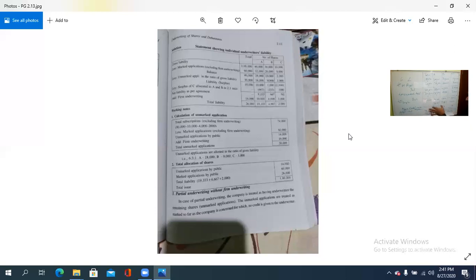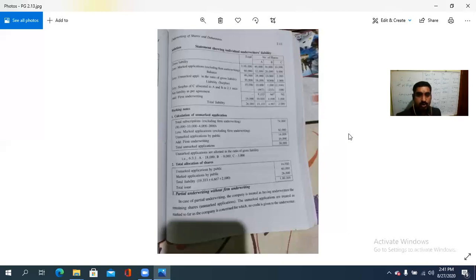That is the total firm underwriting. Then 16 plus 10, 26, the net liability. Like here, 9,333 plus 10, 19,333, 4,000 plus 667, 4,667, and 2,000. So 19,333 plus 4,667 plus 2,000, that is the total liability.